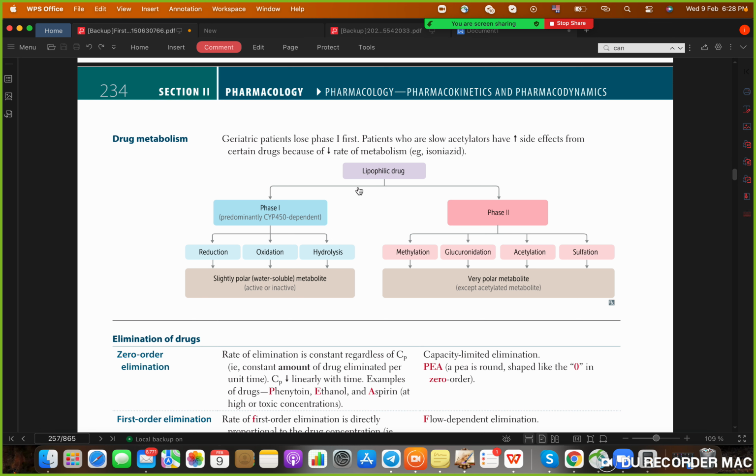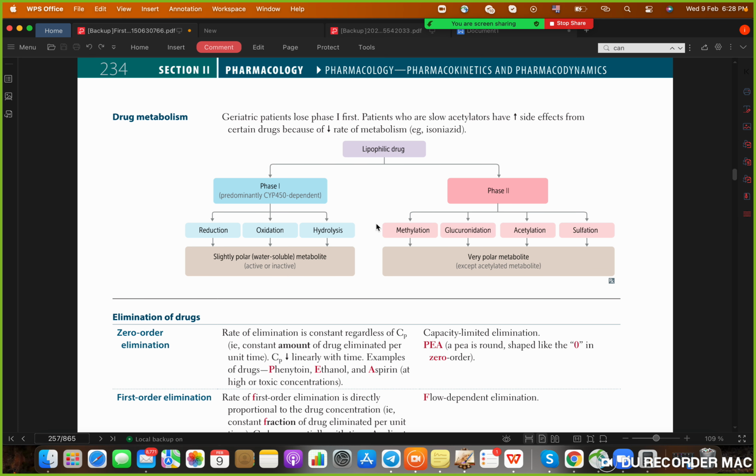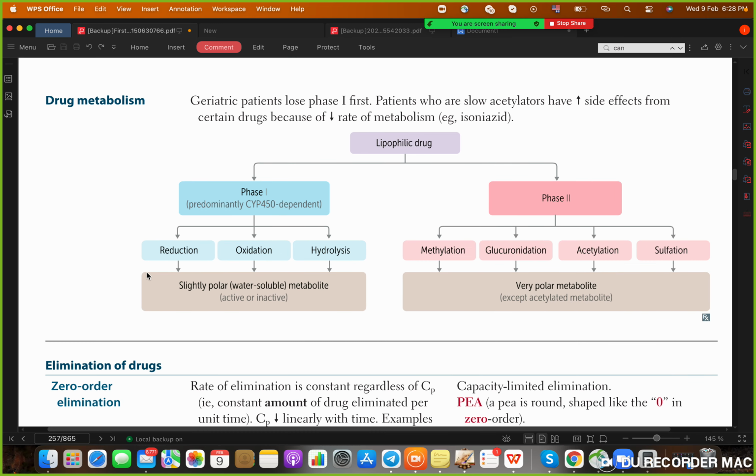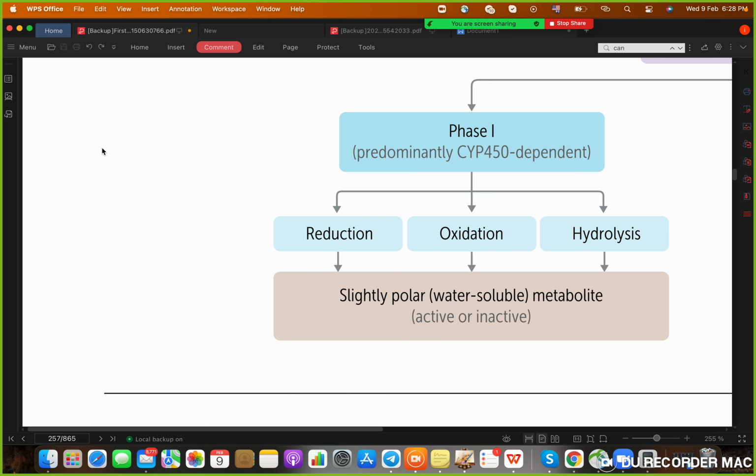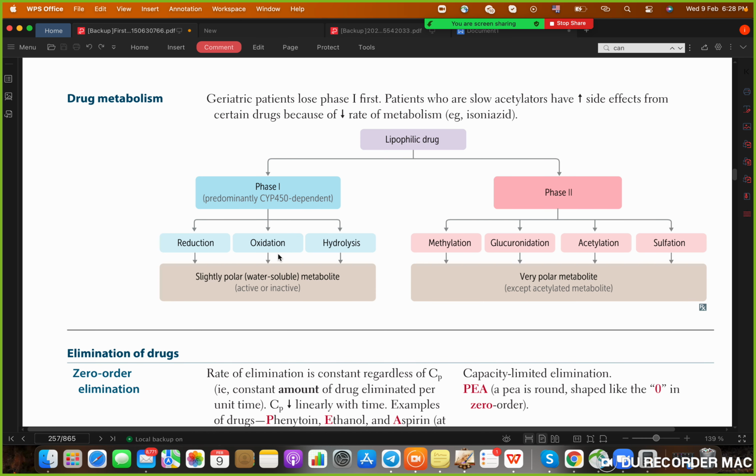As I said, the drug has two phases. They write lipophilic drug, which is going to the liver, has phase 1 and phase 2. There is a chemical formula that says ROH. I don't know if you know what that is, but if you don't, there is a mnemonic.